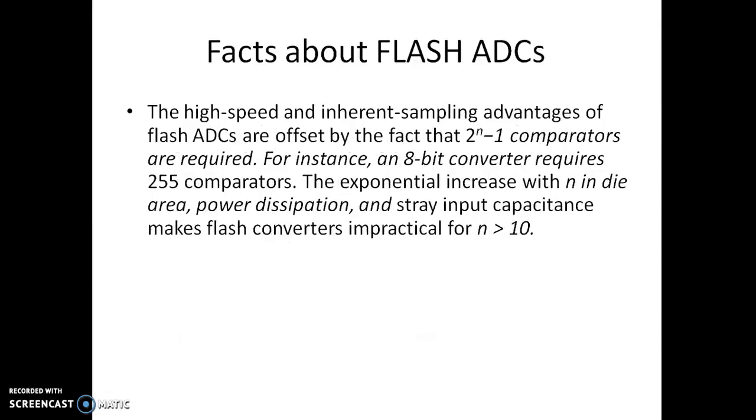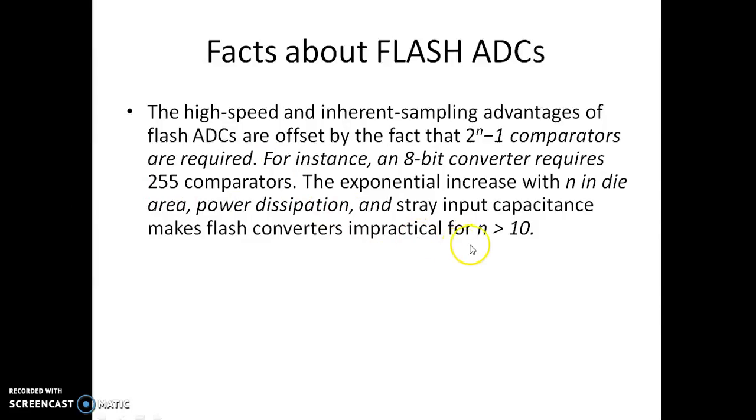So what are the other facts about flash ADCs? The high speed inherent sampling advantage of flash ADCs is offset by the fact that 2 power n minus 1 comparators are required. For a 3-bit ADC we are supposed to have 7 comparators. An 8-bit converter requires 255 comparators.